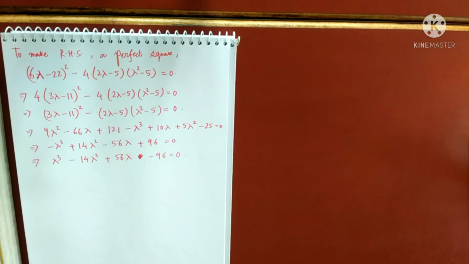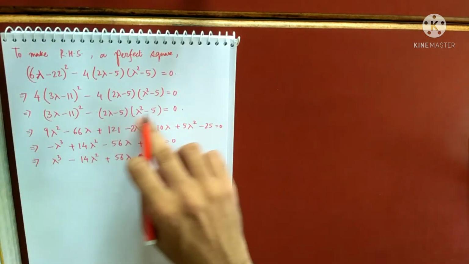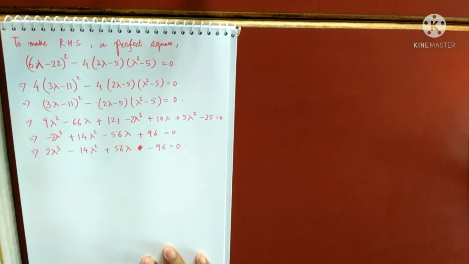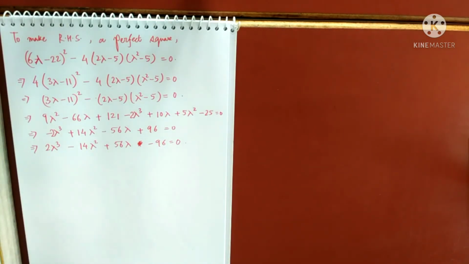We are getting this lambda cube minus, sorry, there was a 2, because this is 2 lambda cube, there is a 2 here and there is a 2 here. Okay, again you can see 2 is common, right? 2 is completely common.